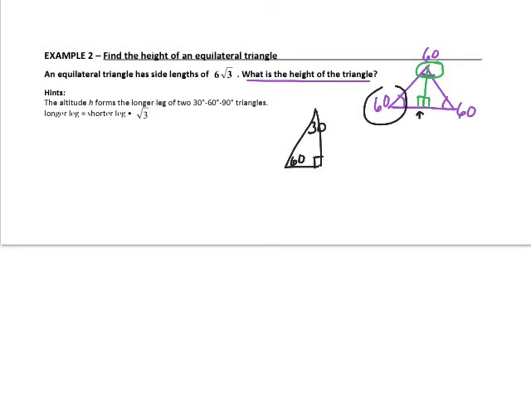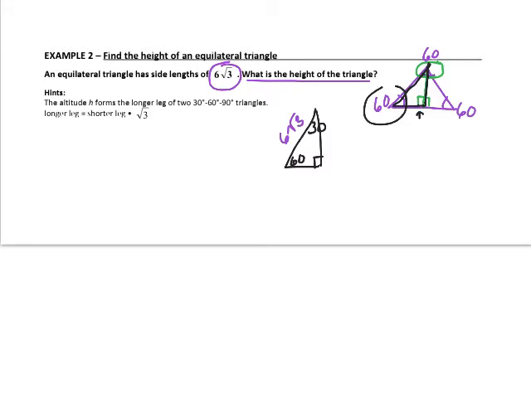So now I have a 30, 60, 90 triangle. This is a 30, 60, 90 triangle. And I know what the lengths of the sides are. It tells me right here that the length of the sides was 6 root 3. And that was the fact for all of those sides on that equilateral triangle.